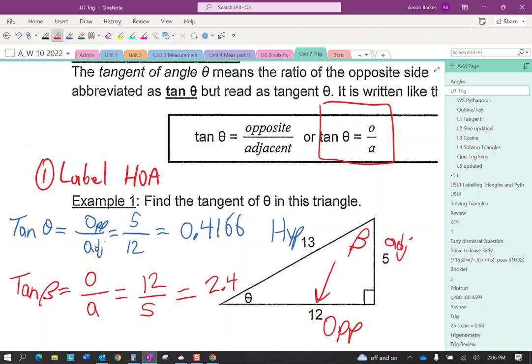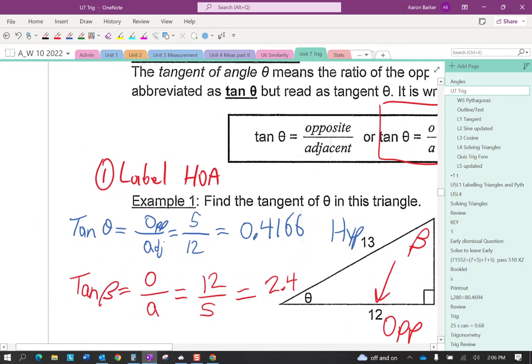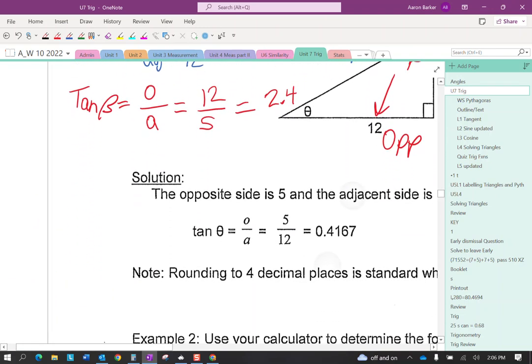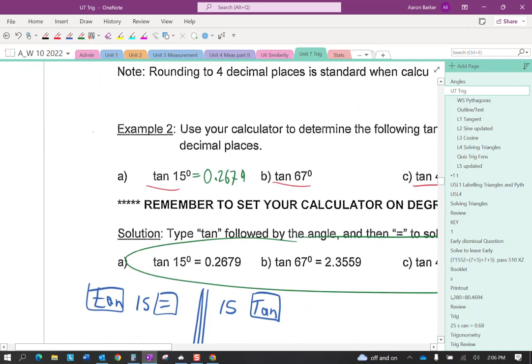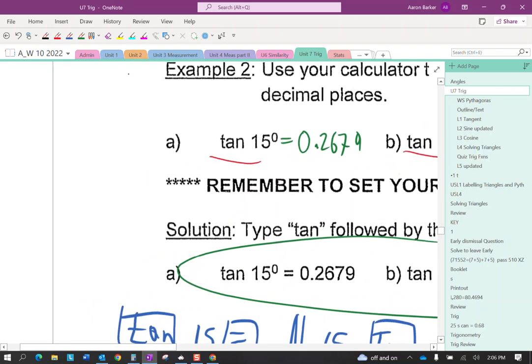Riley, what'd you get? Just do your division, right? 12 divided by 5. Okay, next. So tan 15, try it on your calculator.